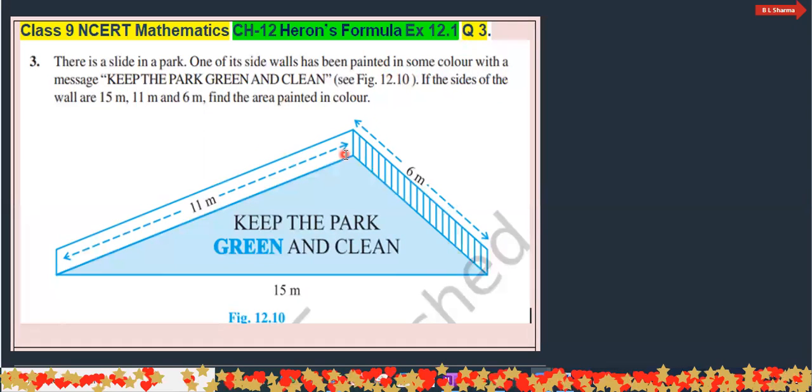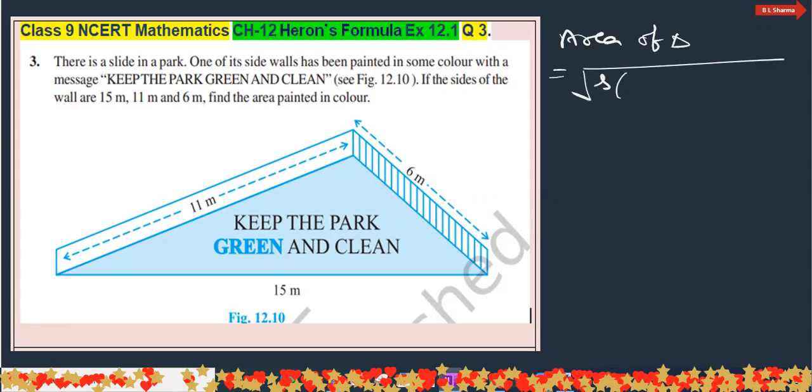Students, इस क्वेश्चन में हमें जो ट्राइंगुलर पार्क है इसका तीनों साइड्स है, 15 मीटर, 11 मीटर एंड 6 मीटर. So the area given by Hero's formula, the formula is area of triangle, by Hero's formula, it is given by root of S into S minus A into S minus B into S minus C. Here, let A is equal to 15 meter.